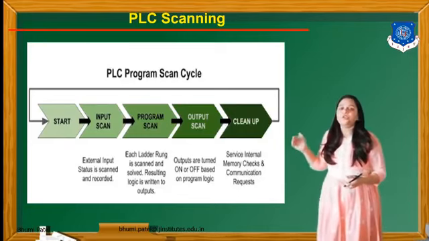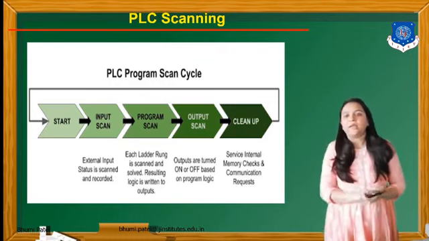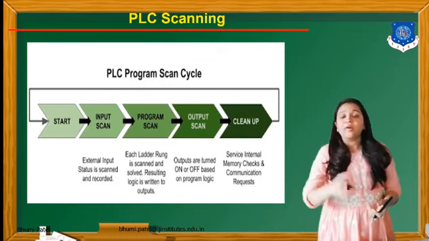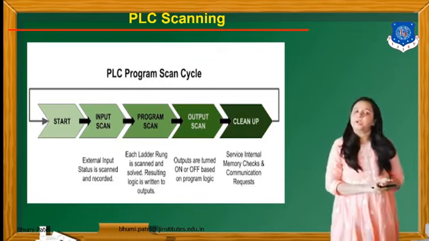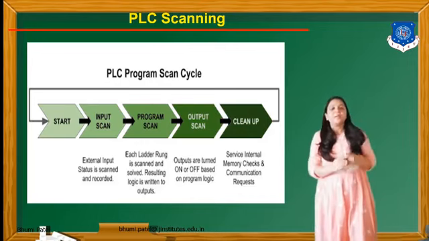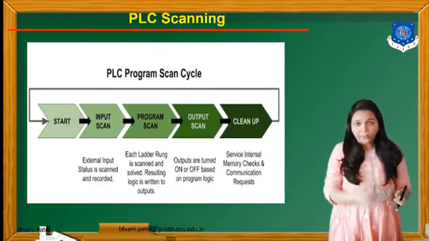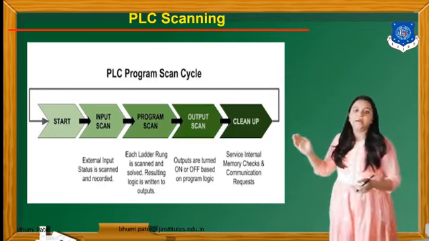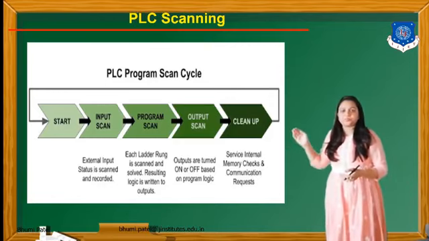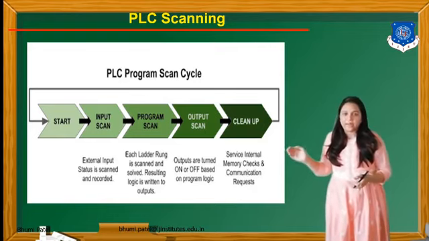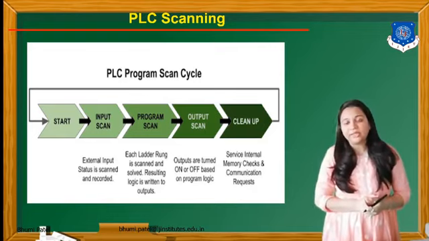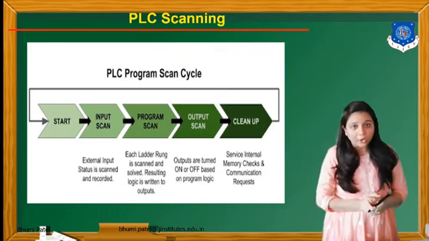The external input status is scanned and recorded. Whatever input is applied to the particular system will be scanned and recorded. In the program scan, each ladder rung is scanned and solved. Then the resulting logic is returned to the output.